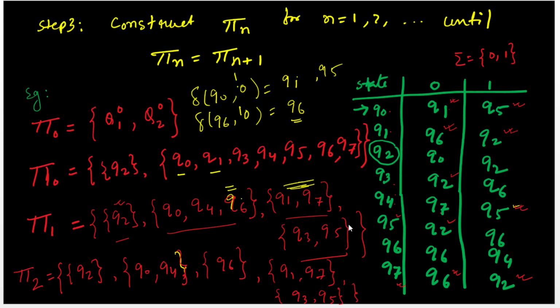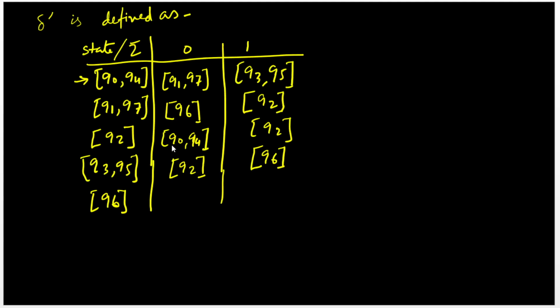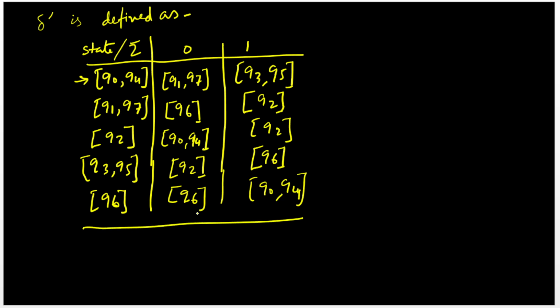So that's why it will be q0 q4. So this is the transition table for the minimized DFA.